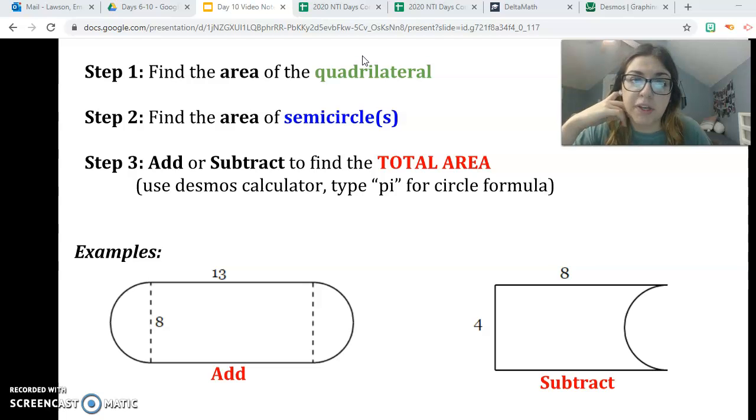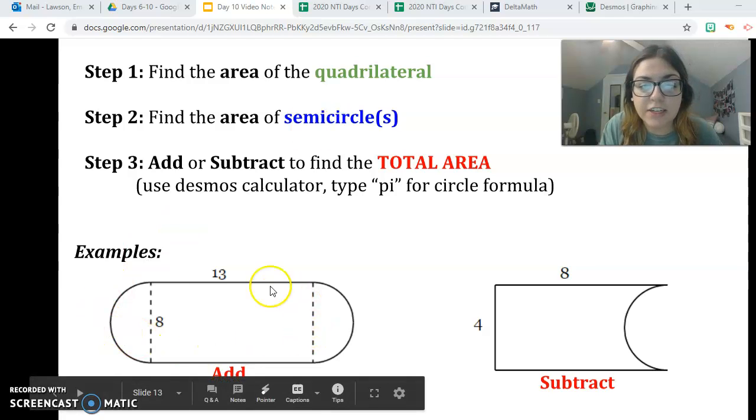If it's a trapezoid, it's base 1 plus base 2 divided by 2 times the height. Then you're going to find the area of the semicircle or circles. Sometimes there will be more than one semicircle. Down here is an example. I would find the area of this semicircle and this semicircle, and then add all 3 parts together.